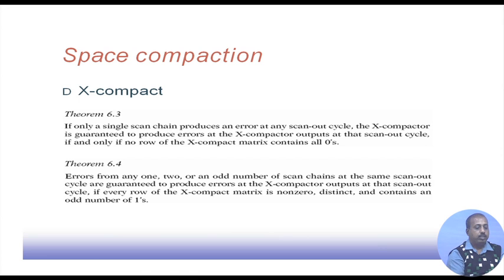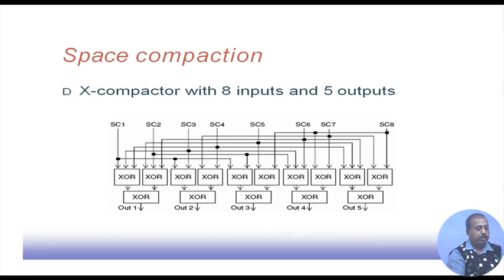Okay. So, if any odd number of chains are giving a faulty result, like SC1, SC3 and say SC6, then out of out1, out2, out3, out4, out5, at least one of them will produce an output which is different from the fault free output.